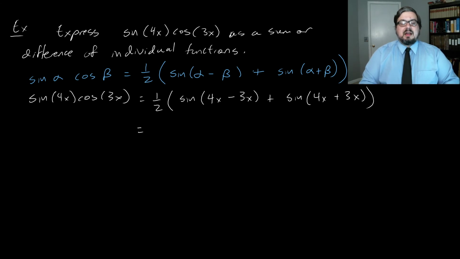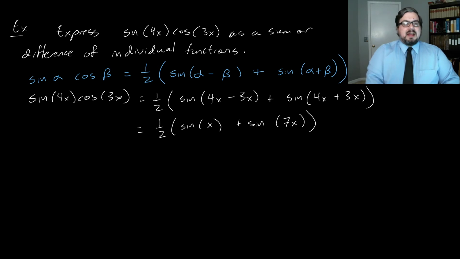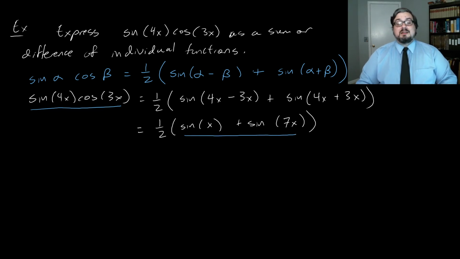So we have that sine of 4x times cosine of 3x is equal to 1/2 times sine of x plus sine of 7x. And so we managed to turn an expression involving a product of trigonometric functions into an expression involving a sum of trigonometric functions.